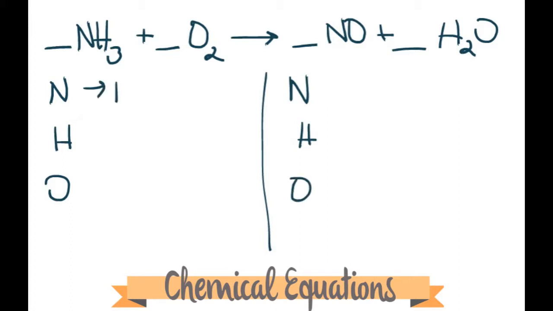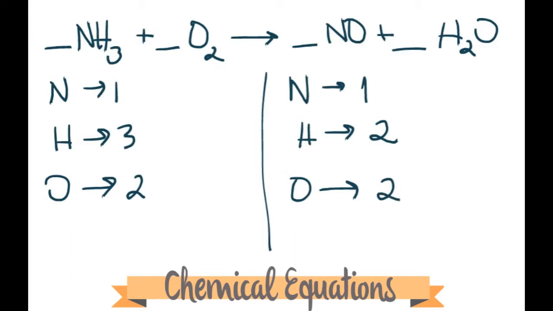Nitrogen has 1, hydrogen has 3, oxygen has 2. Then on the product side, nitrogen has 1, hydrogen has 2, and oxygen has 2. As we can see, hydrogen is the only one that is not balanced.